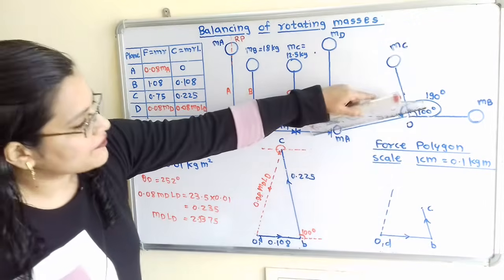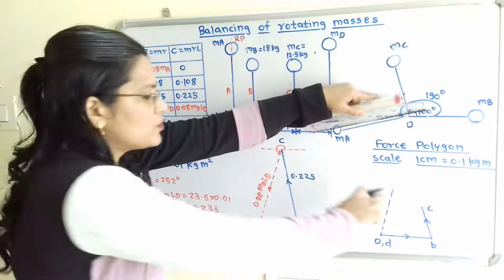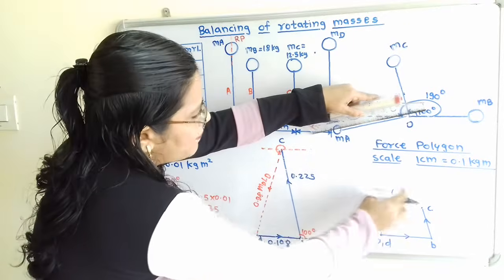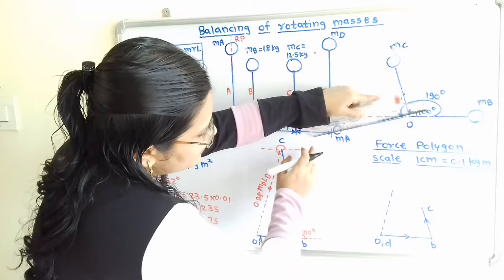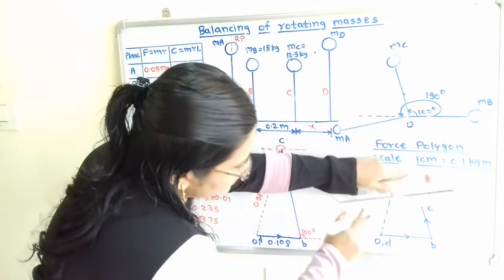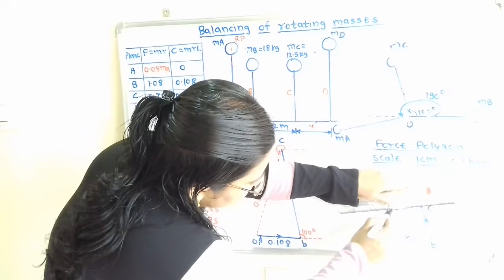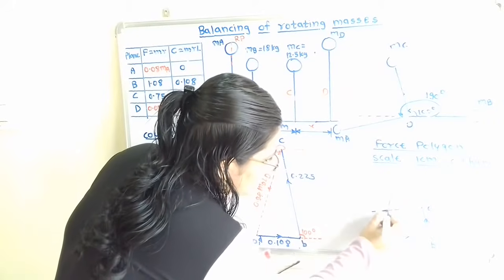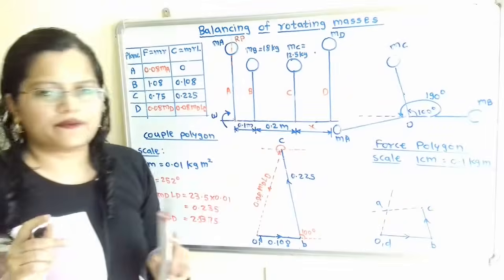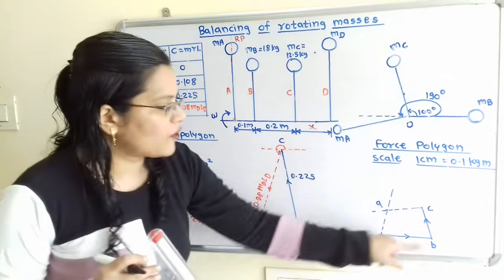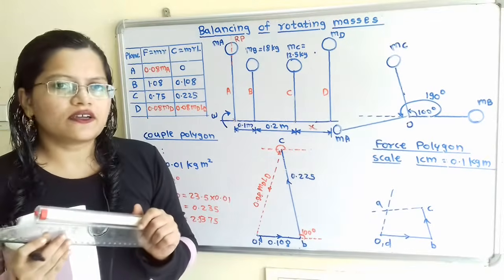So we will transfer this line to this force polygon diagram and passing through point C. So here if I transfer this, then this point of intersection is nothing but point A. So in this way this force polygon is getting closed.